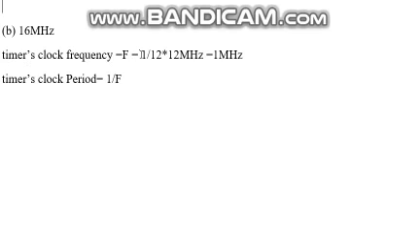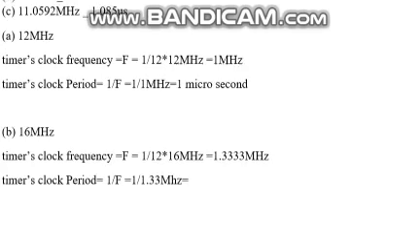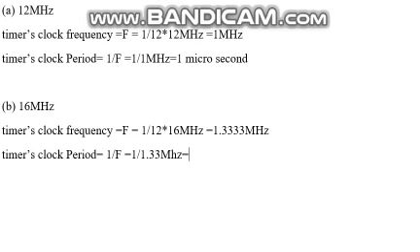The timer's clock frequency is f equal to 1 upon 12 of the input frequency, which is 16 megahertz, and that is nothing but 1.33 megahertz. This is the timer's clock frequency, and the timer's period is equal to 1 upon 1.33 megahertz, which is nothing but 0.75 microsecond.